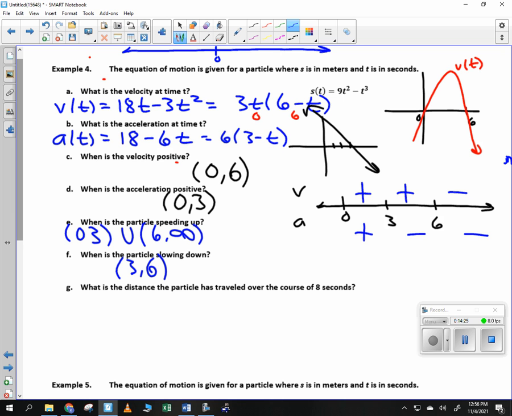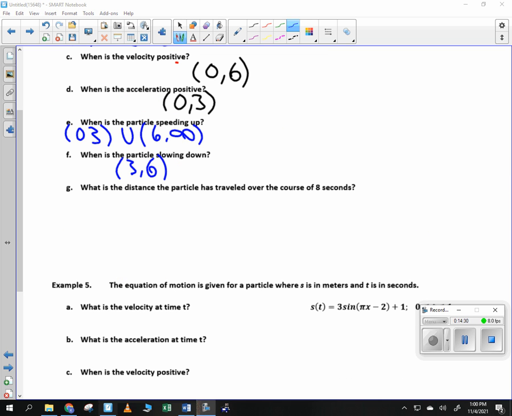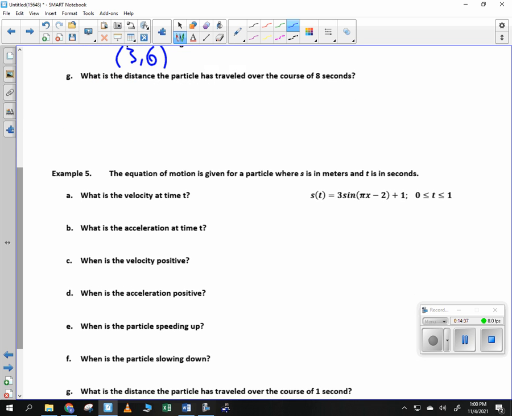Turn to your problem that you're currently working on and see if you can figure out when it's speeding up and when it's slowing down. Go. Good. You're doing excellent work. Let's consider the last piece. It says, what is the distance the particle has traveled over the course of 8 seconds? Over the course of 8 seconds.